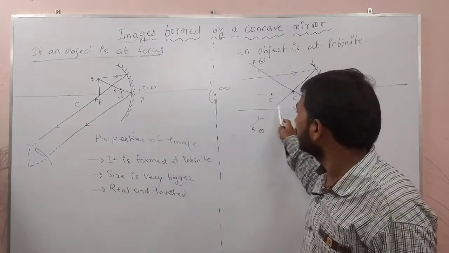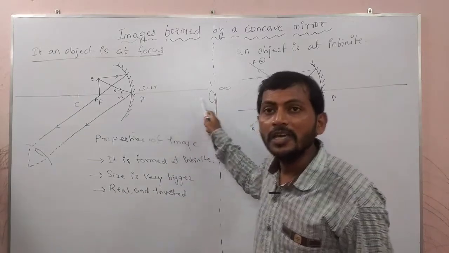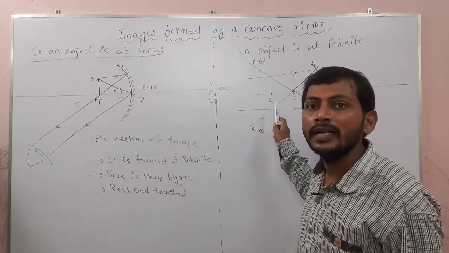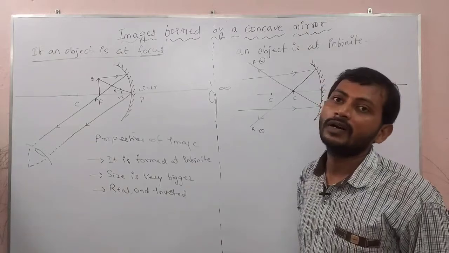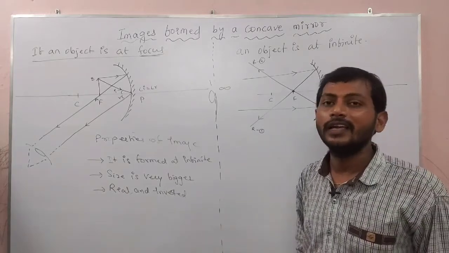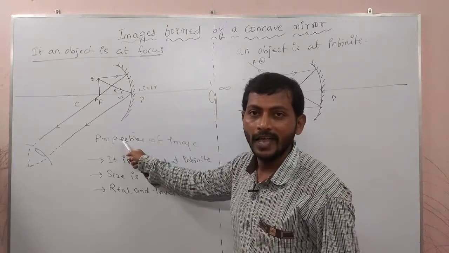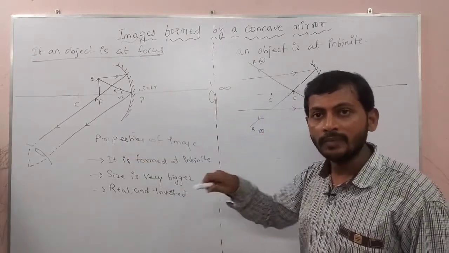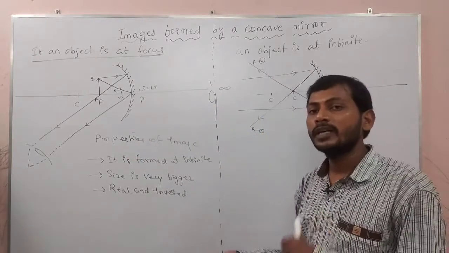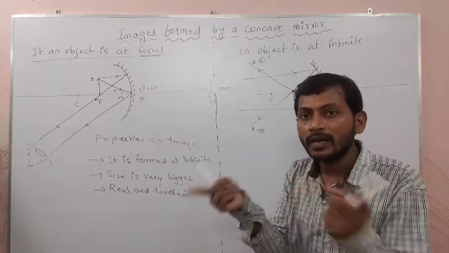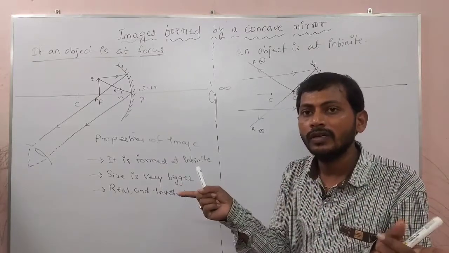Now when the object is at the infinite, the image is very small, or it is very pointed. It is real and inverted. So now it is the reverse of this case. And previously you also saw when the object is between C and F, both are reverse to each other.